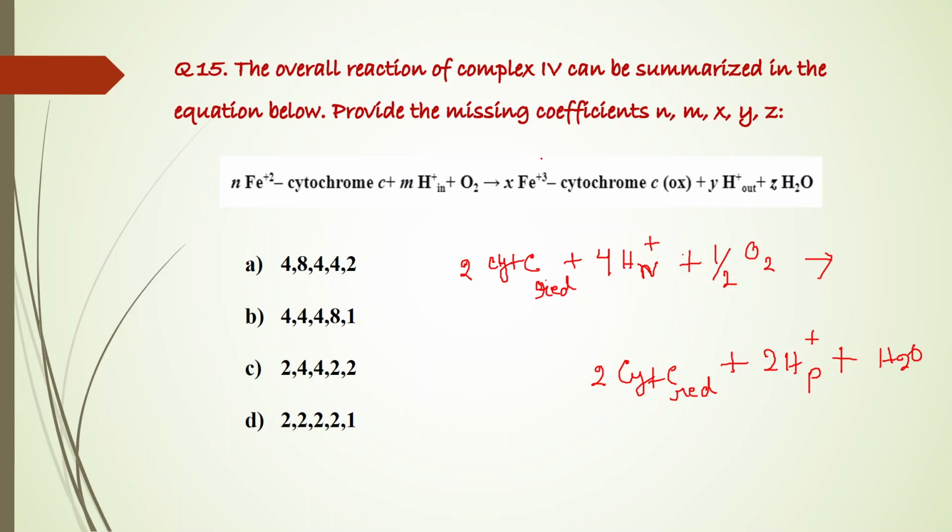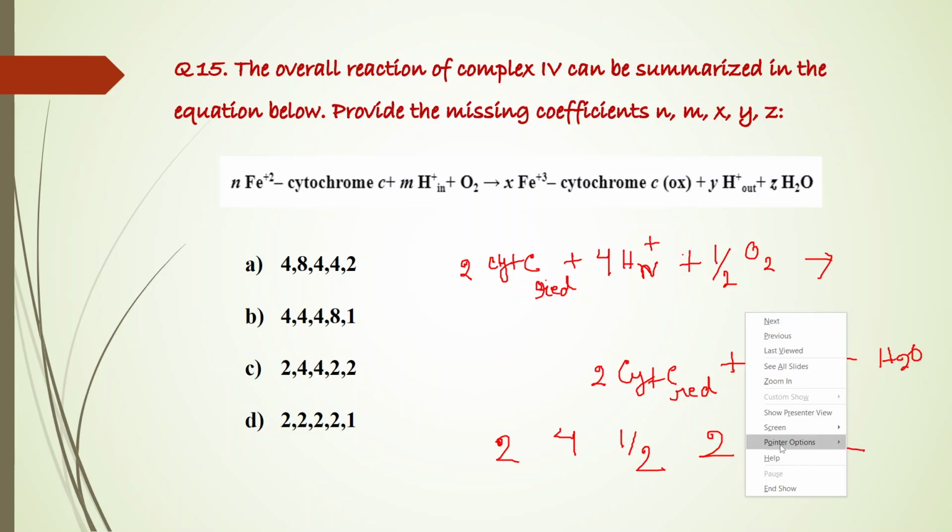Now let us look at the options. For this particular equation that we have written, the values of N, M, X, Y, Z should have been 2, followed by 4, followed by half, followed by 2, followed by 2, and this is 1. How are we getting it? We are just looking at the balanced equation.